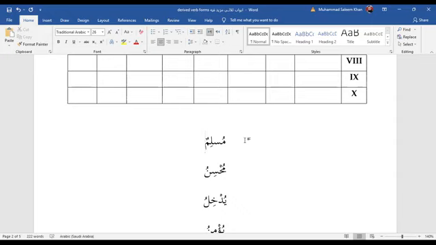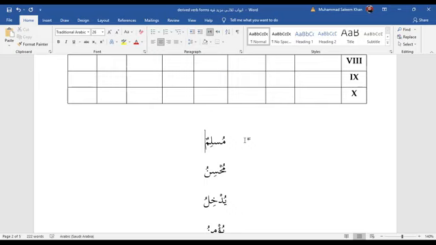Why we say Muslim is the one who is like the ambassador of peace, is because even the root letters tell us that anything that happens to be with sin lam mim. For example, in the Quran, we have aslama, then we have Islam, then we have salim, then we have salam, then we have salimun, then we have sallama, then we have sullam, and then we have musallam, muslim.